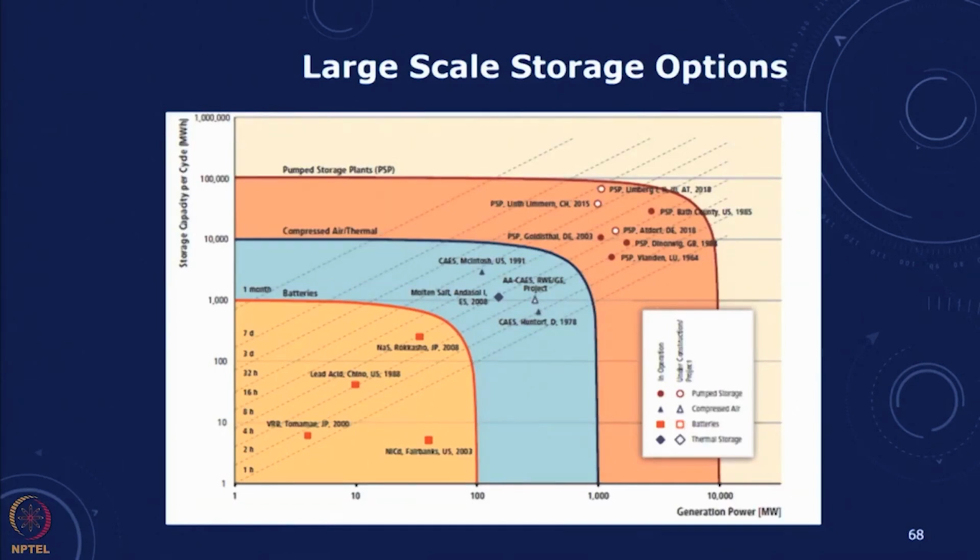Today the most cost effective large scale storage is the pumped hydro, where we have a low reservoir and a high reservoir, and you pump the energy from the low reservoir to the higher reservoir. Even that today, at today's prices, costs you another 5 rupees per kilowatt hour. So this is going to be an issue when we talk in terms of high renewables.